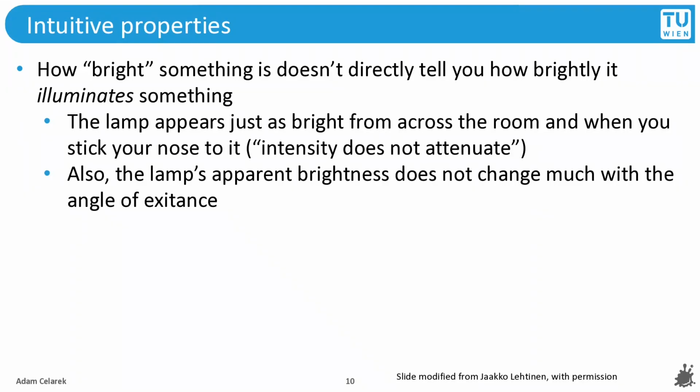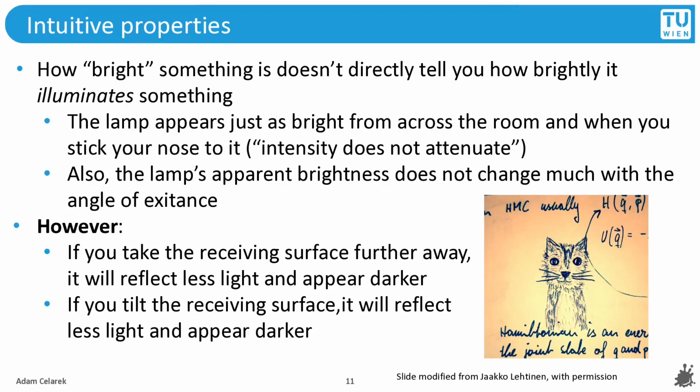When you get closer to the lamp, the brightness that you see through this hole doesn't change. It also doesn't change when I tilt the lamp. However, when you take a surface and you bring it closer to the lamp, it does become brighter. It also becomes brighter when the angle is closer to 90 degrees. So if you tilt the surface, it will appear darker.